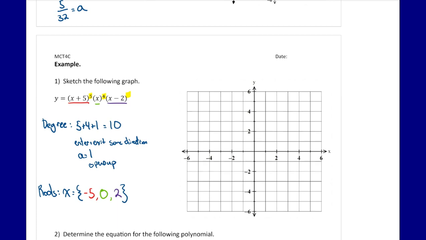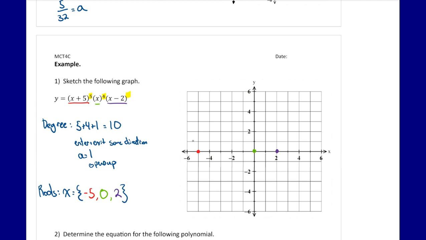Now I'm going to draw each one. So negative 5, 0, and 2. And I'm going to go back and look at how each factor crosses the x-axis. And that's where I'm going to look at the degree of each factor. So if I look at x plus 5, it's to the power of 5. So that means it's an odd degree. It's not 1, so it's going to cross in an S shape.